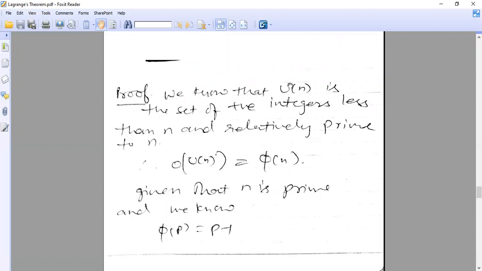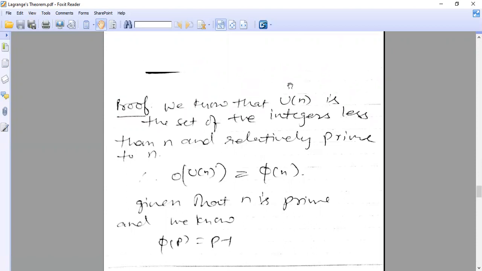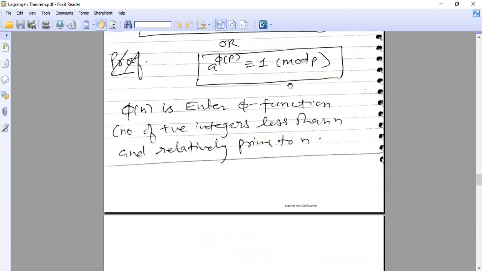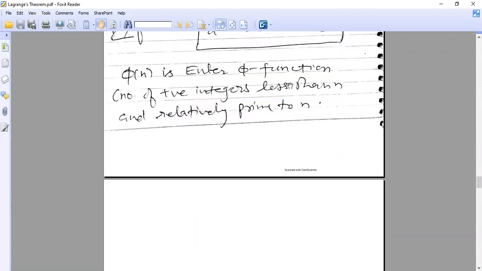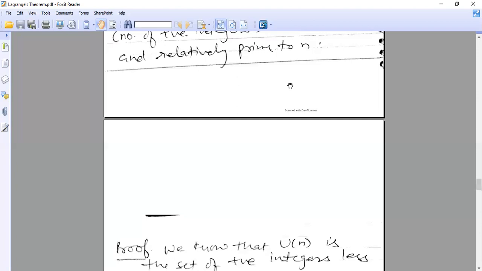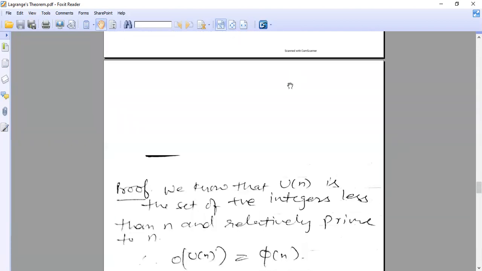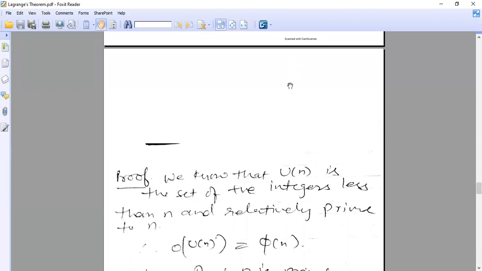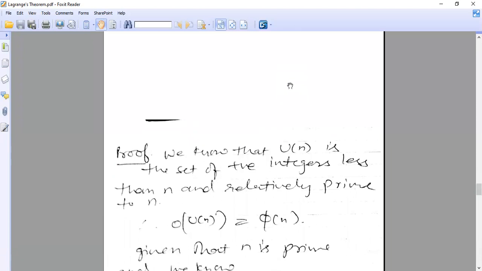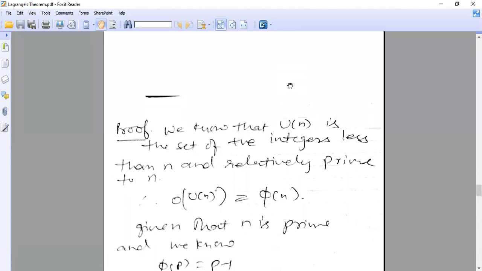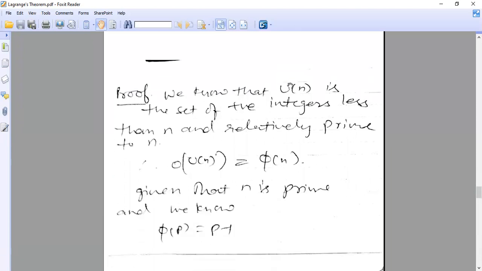In phi n we were saying the number of positive integers less than n and relatively prime to n. So phi n is the order of Un. Un is a set, basically, not a number theoretic function, and phi n is the order of that set. So the order of Un is equal to phi n.